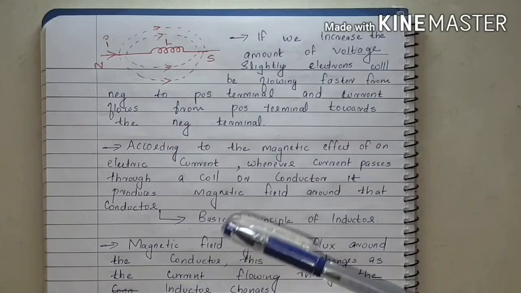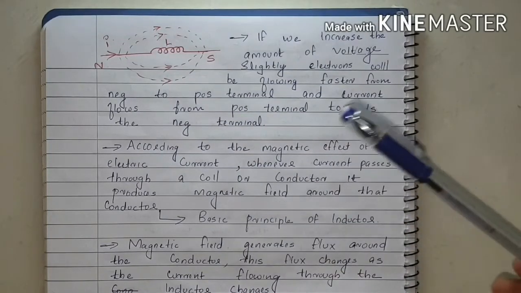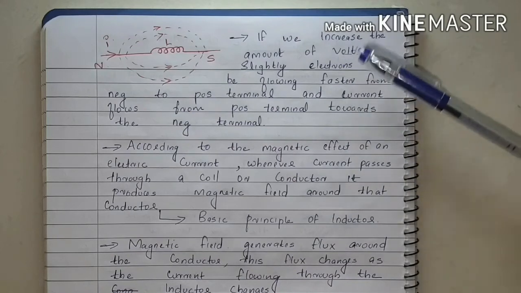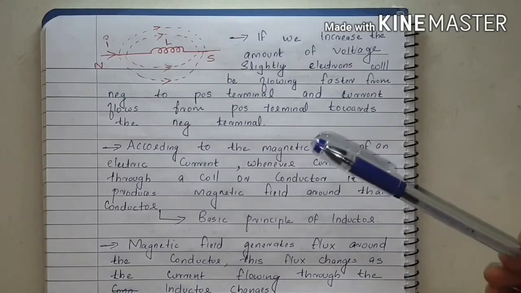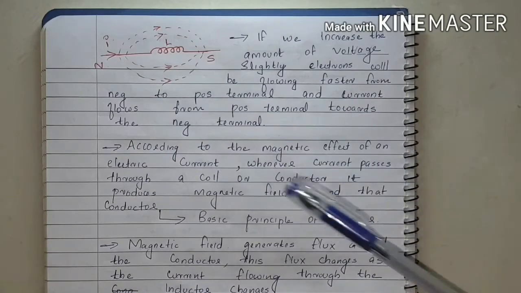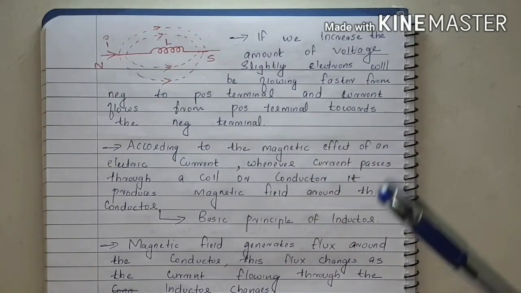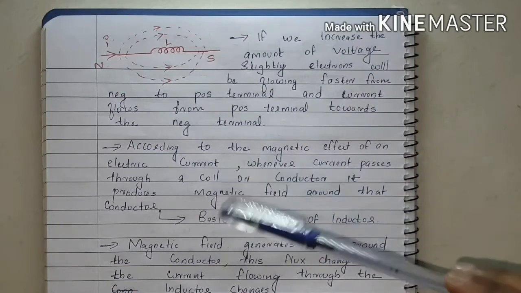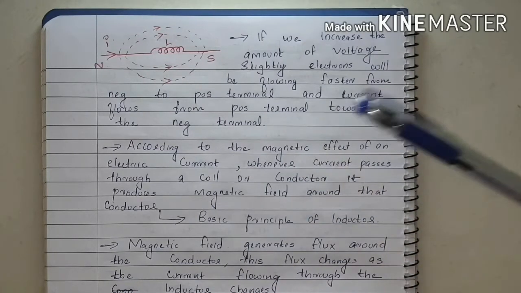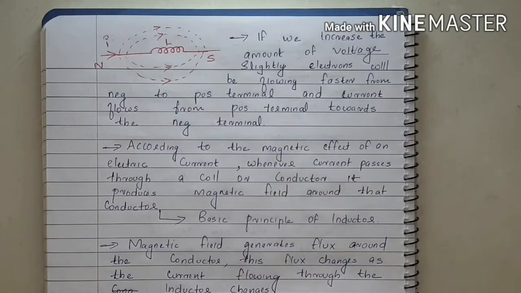As I said, inductor is connected to a voltage source. If we increase the amount of voltage slightly, electrons will be flowing faster from negative terminal towards the positive terminal. And accordingly, current flows in the opposite direction, that is from positive terminal towards the negative terminal.